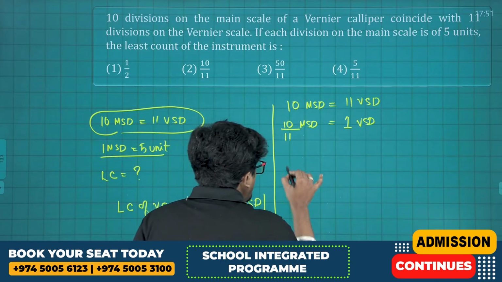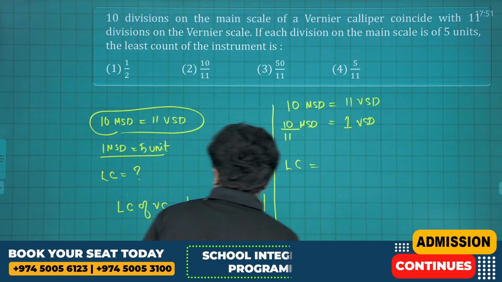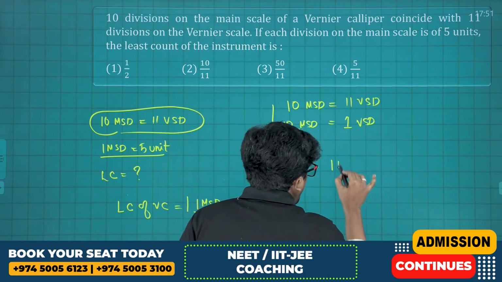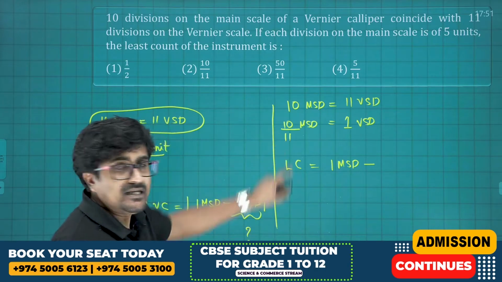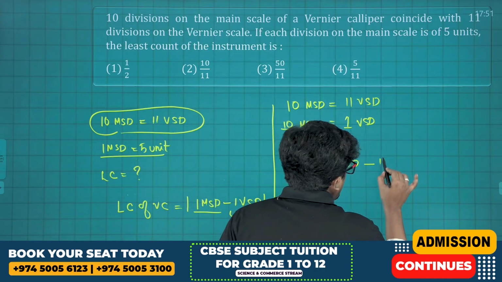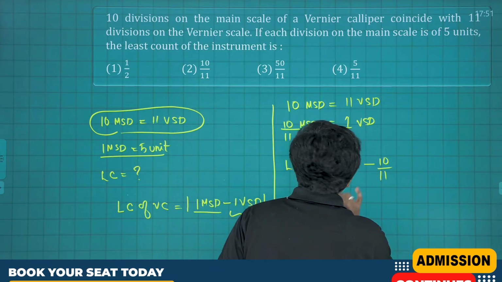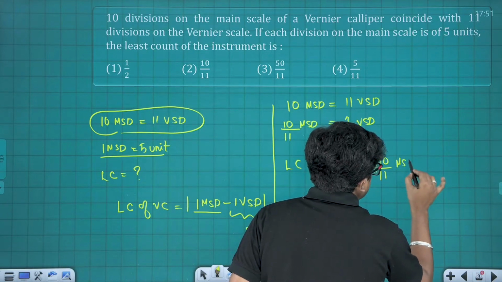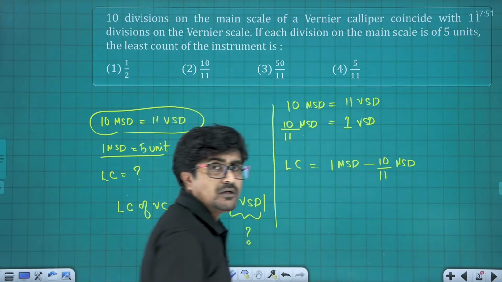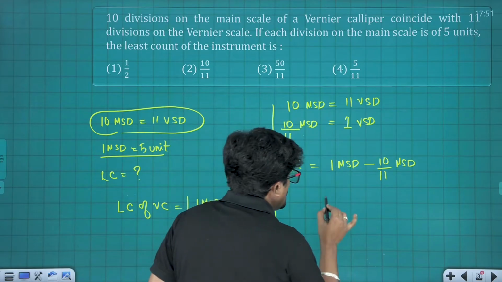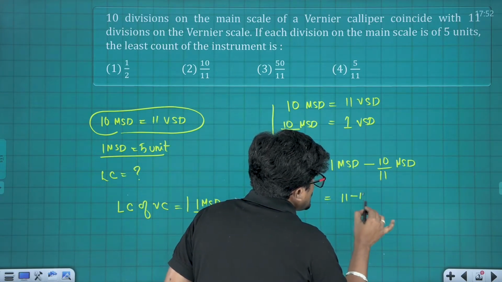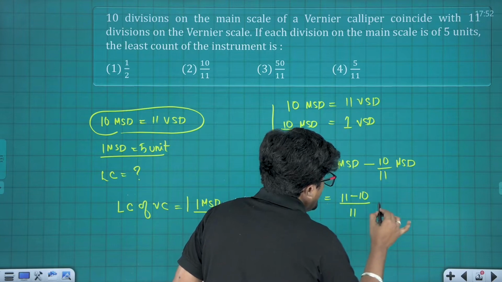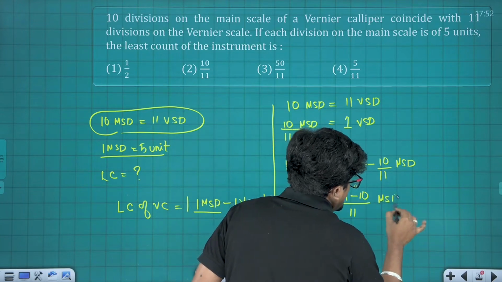So least count, as I said, is equal to 1 MSD minus 1 VSD, which is 10 upon 11 MSD. Here this is going to be 11 minus 10, all divided by 11 MSD.